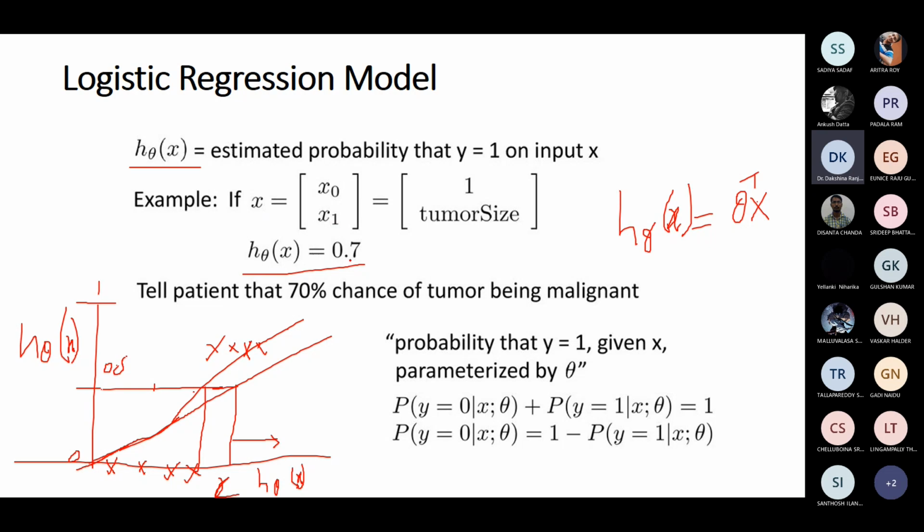So what does this mean? How do we interpret this hypothesis value? How do we interpret this result of this estimation? Now, 0.7 means, since the probability will be estimated between 0 and 1, and we are getting 0.7, we could tell that the patient can have a 70% chance of the tumor being malignant.